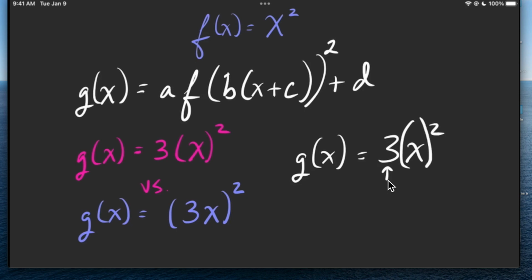Again, if you're given this, let's do this one in blue. No parentheses listed. That is the same as this 1/2 being outside of the parentheses. So you're going to have this phenomenon. That would be an effect on the y value. That is also an effect on the y value.